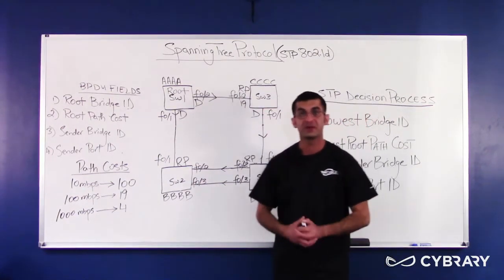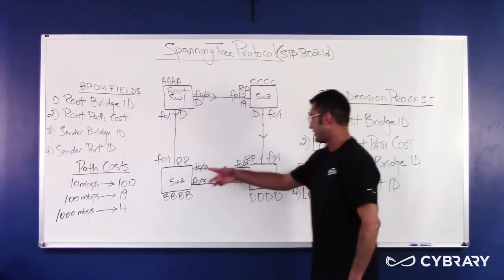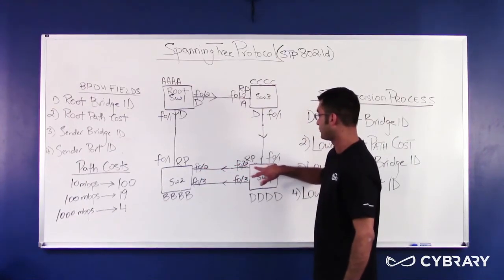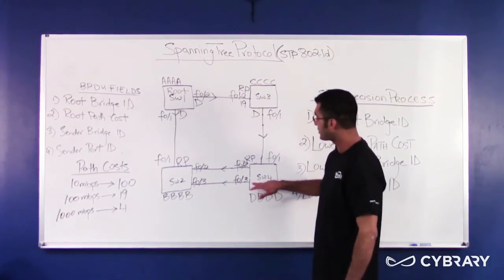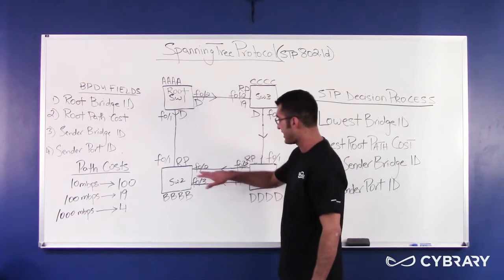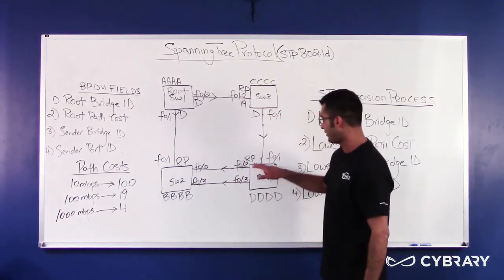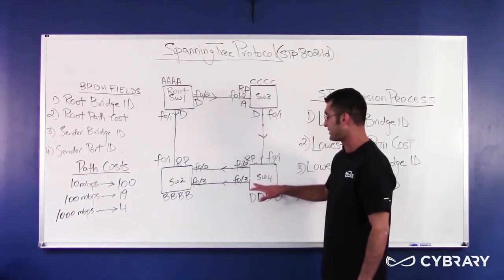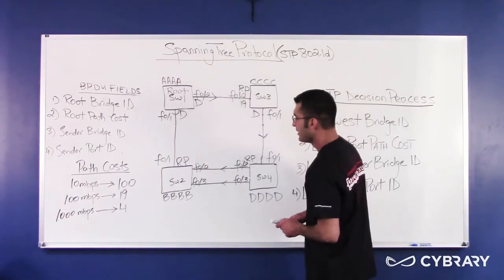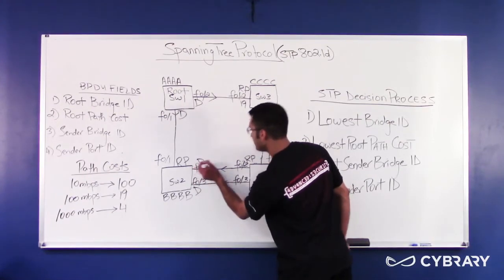Remember, the cost is only incremented when a BPDU enters a switch. So when these two BPDUs travel and enter switch 4 F0/2 and F0/3, the cost is incremented from 19 to 38. So the cost is 19 at F0/2 and F0/3 of switch 2, and the cost is 38 at F0/2 and F0/3 of switch 4. So F0/2 and F0/3 of switch 2 become designated.